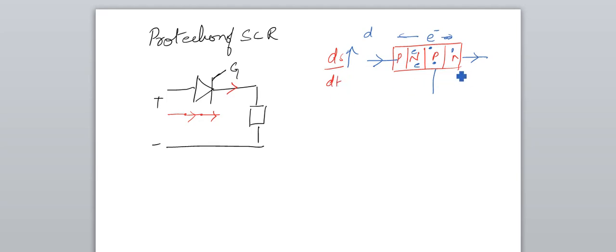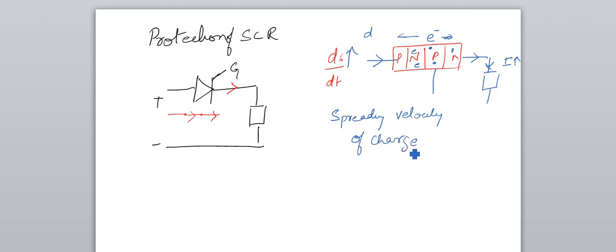Here, your electron current requirement, if you suddenly connect a very large load across it, the rate of current will increase, but the electron movement does not increase. That is what we are calling the spreading velocity of charge.